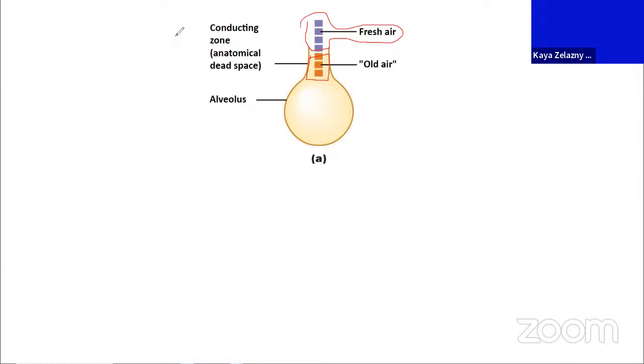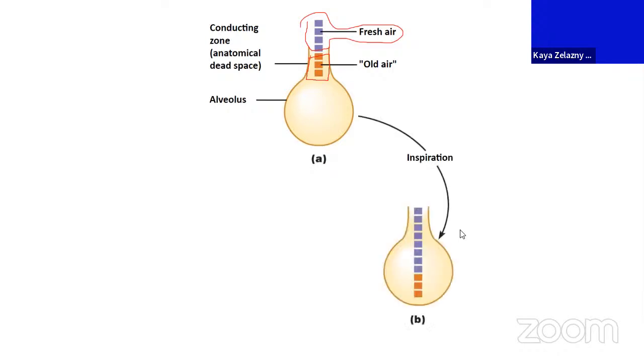Okay. So next, we're going to breathe in. We had some old air still in that conducting zone, still holding those airways open, not participating in gas exchange now. We've already sucked out all the oxygen and filled it with carbon dioxide.